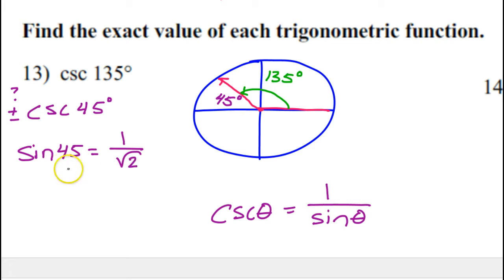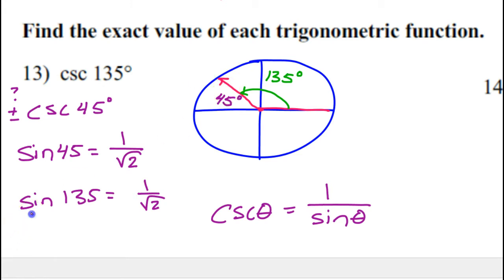So what's the sine of 135 degrees? Well, it's either going to be positive 1 over radical 2 or negative 1 over radical 2. So let's look back at our sketch. We are in the second quadrant. Is sine positive or negative here?